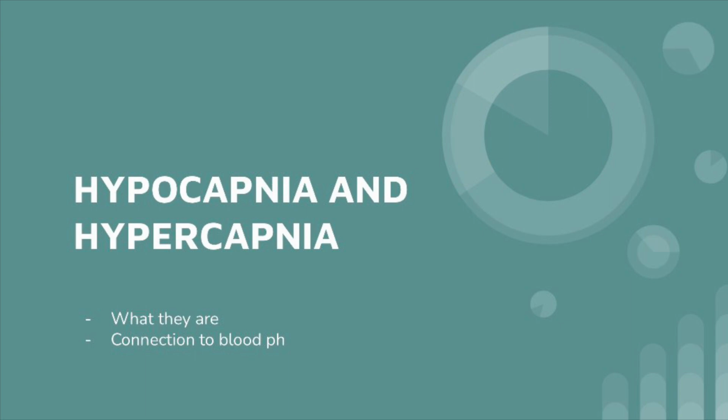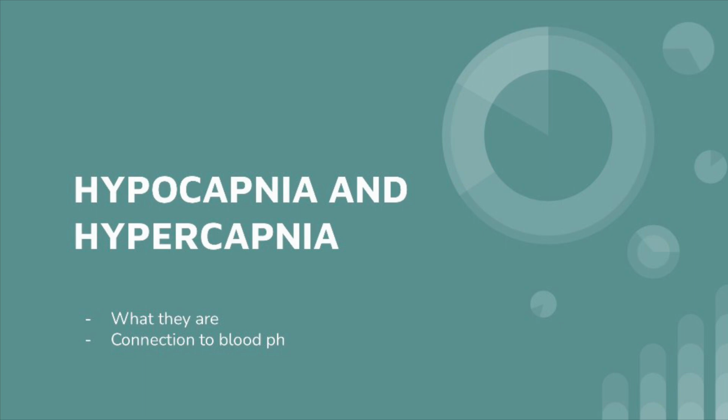Hypocapnia and hypercapnia, including what they are and connection to blood pH. Hypocapnia is a condition of abnormally low carbon dioxide levels, potentially leading to respiratory alkalosis.